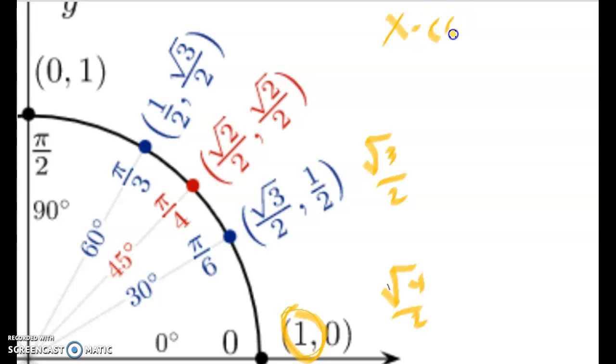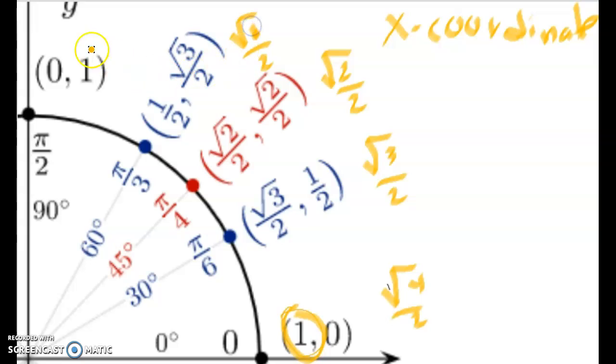Let me write that up here. Square root 2 over 2, square root 1 over 2, and square root 0 over 2. So here we're looking at the x-coordinate.